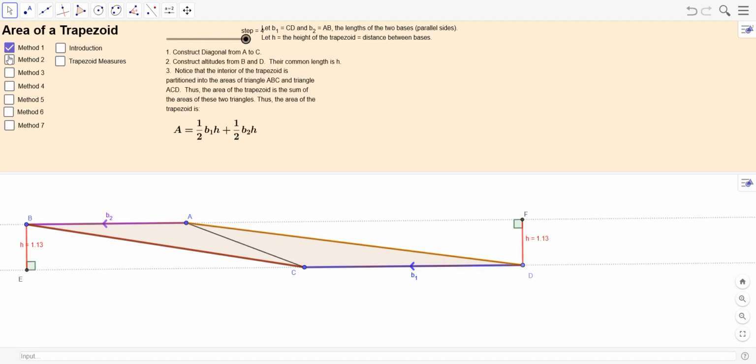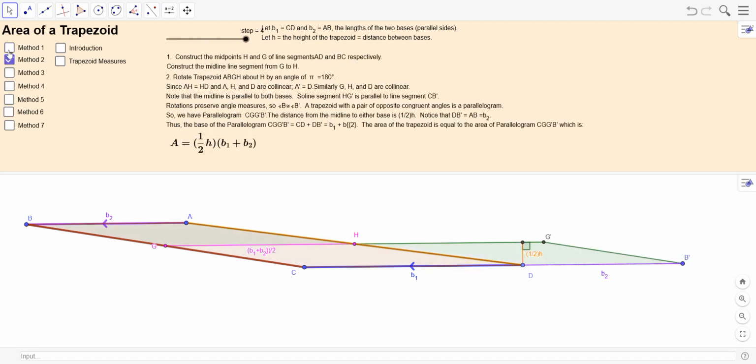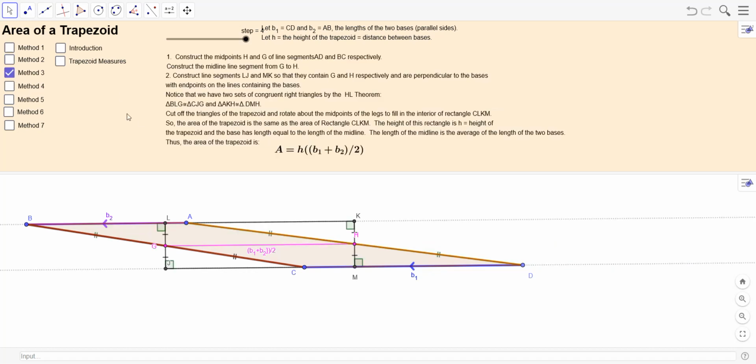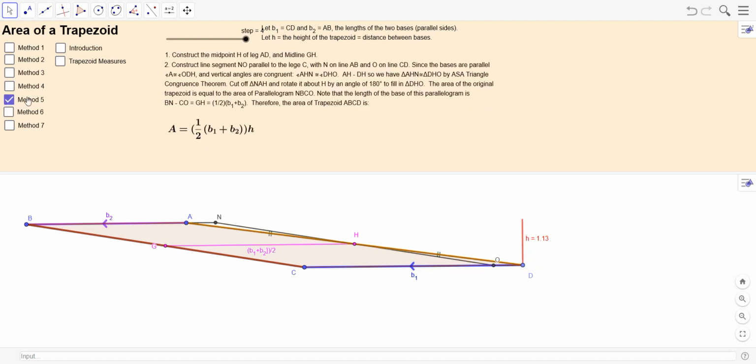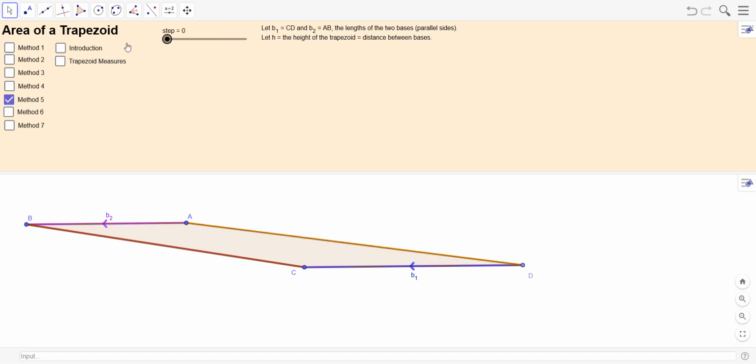You could write the formula that way, that way, that way, or now this way. Now, of course, those are the same algebraically. They better be if they're all going to work. But you could also see each one of them as being the area of some other figure. Let's keep going. Here's another one here.